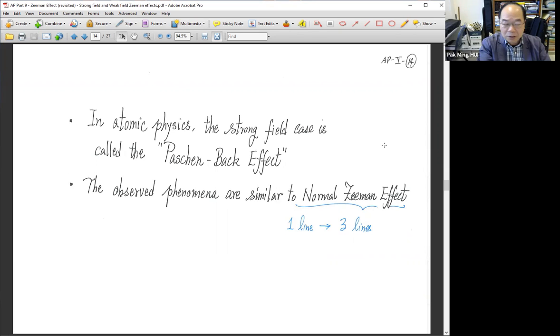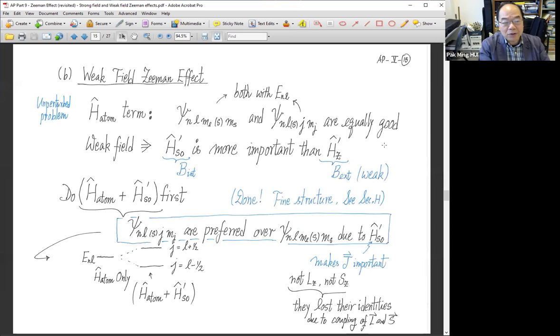So we still have a puzzle. Previously, we mentioned that there is something called the anomalous Zeeman effect. And what happened is that one spectral line will split into an even number of lines. And that is related to the case that we will discuss now.